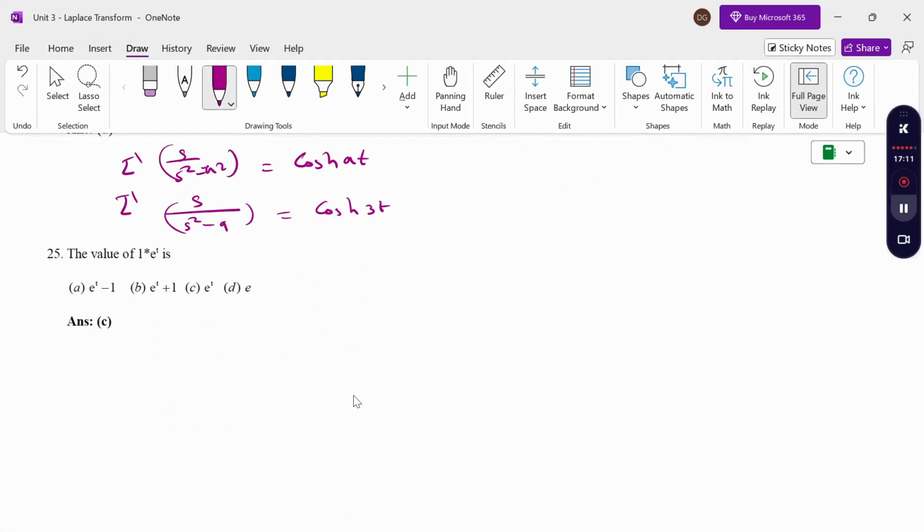Now this is the convolution theorem. f of t star g of t is nothing but the integral from 0 to t of f of u g of t minus u du. Therefore the term whatever we change, 1 star e power t. So 0 to t, consider this f of t and this g of t.